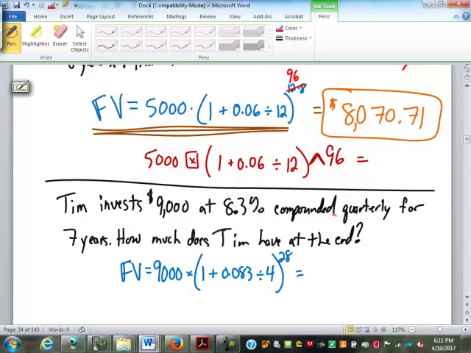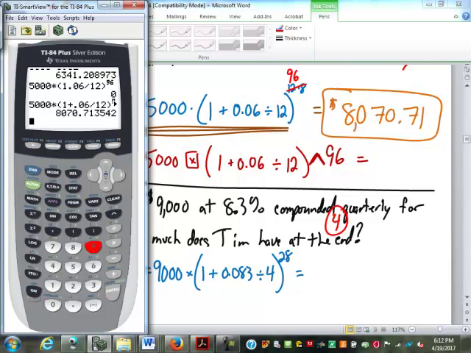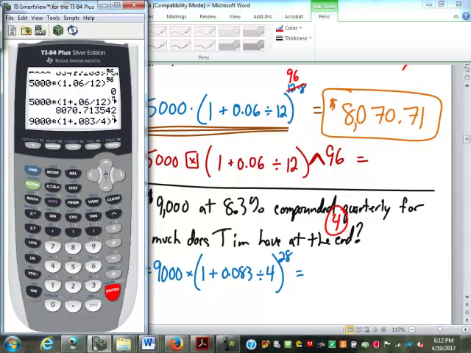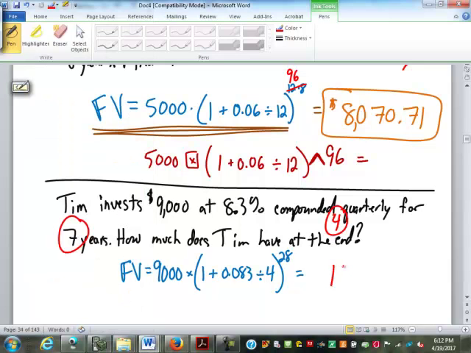Yeah, 4 periods per year times 7 years. $15,995.04. Any questions there?